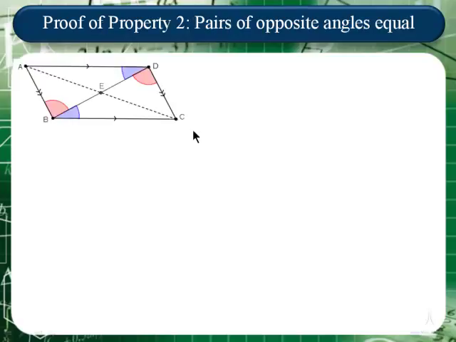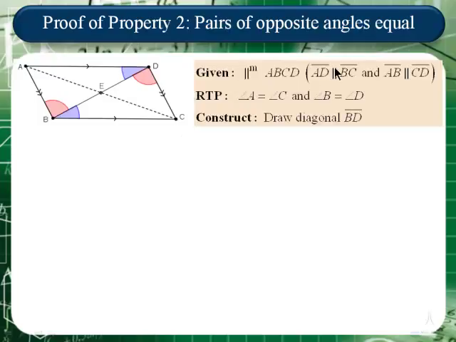Next we prove the second property, namely that pairs of opposite angles are equal. So again, we know we have a parallelogram, so we assume therefore that we only know that the two pairs of opposite sides will be parallel. See, that's what's given.